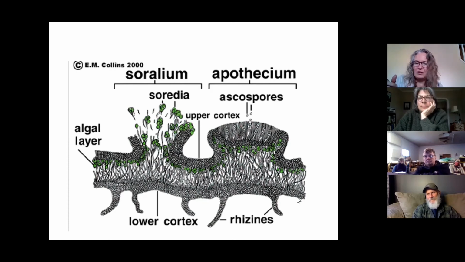And after that, it got complicated because people were asking, does the name of the lichen belong to the association? Does it belong to the fungus? Does it belong to the algae? It can't belong to the algae because we already have names for half of these algae. So then the name must belong to the fungus. Except there are 2 different genera named after the same fungus. So what do we do?